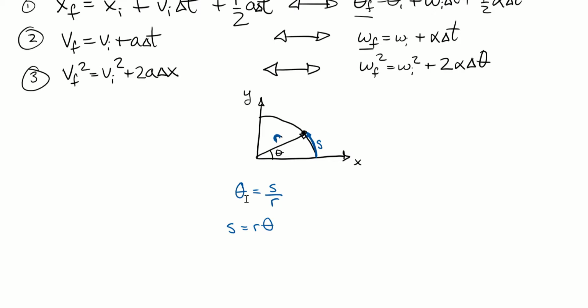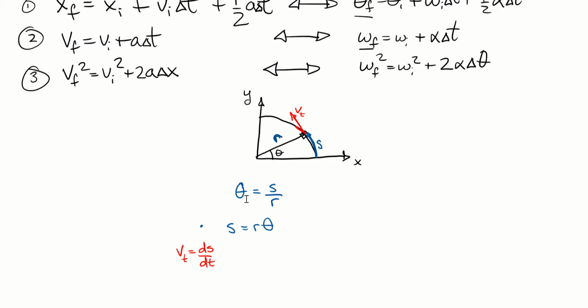But this is the core thing that's going to let us go between velocity and angular velocity. One way we realize that is if we're looking at the velocity vector at that point, it's going to have a tangential component vt. It's going to have some speed along that tangential direction as it goes around that circle, right? And that vt that we're looking for is just how fast that position along the arc length is changing.